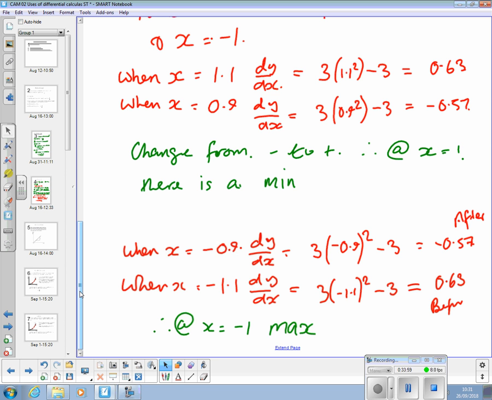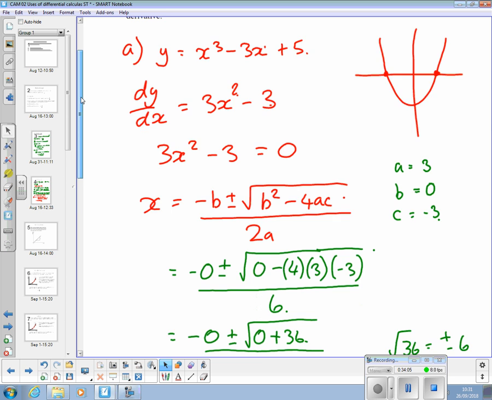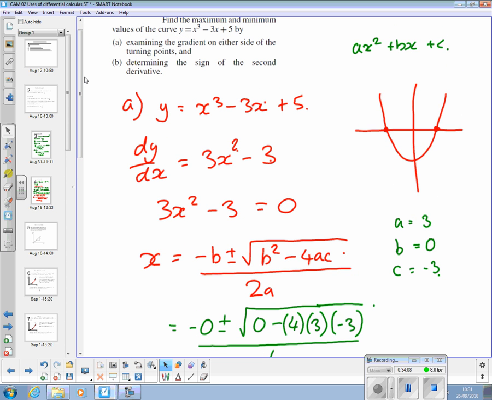Alternatively, you can have a look at this yourselves. You can use the other method, so you can find the second differential. So that's the first differential. The second differential is 6x.